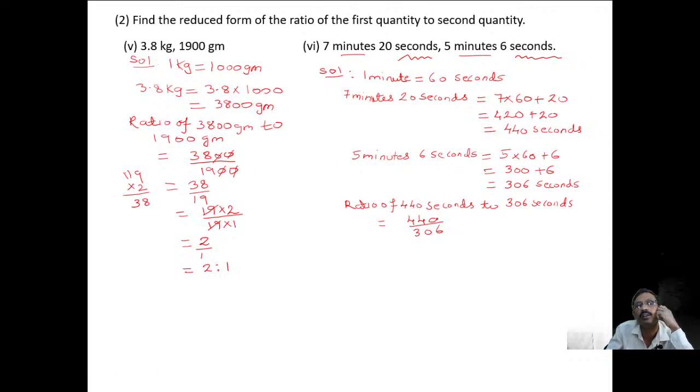What can be done? I had told you to look at the units place. In the units place, you have 0, 2, 4. Can I use 2? A table of 2.